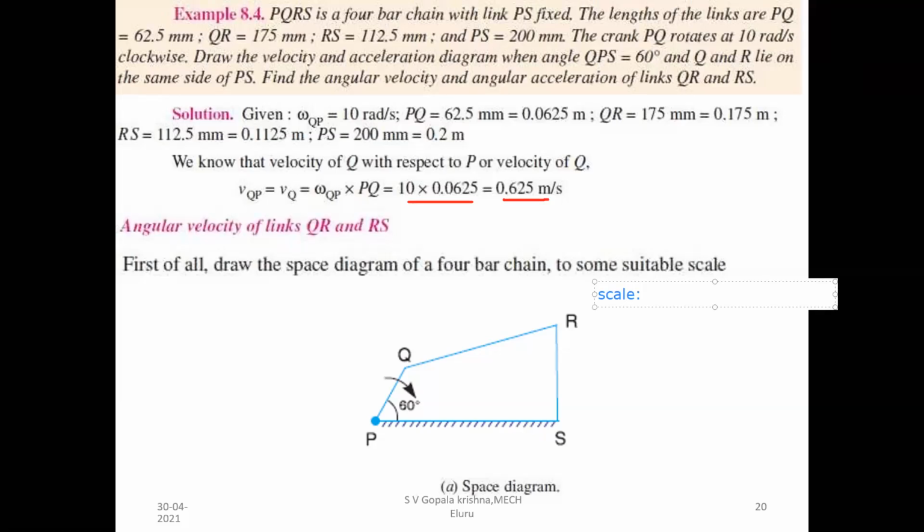What is a convenient distance? Let 100 mm equal 5 centimeters.